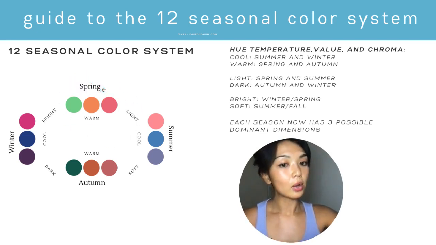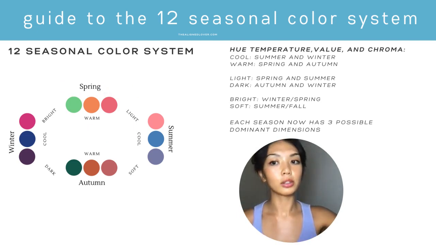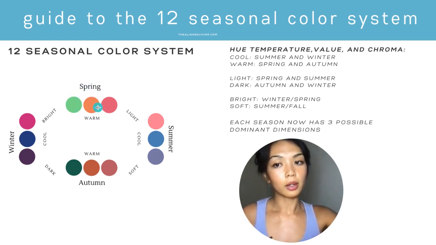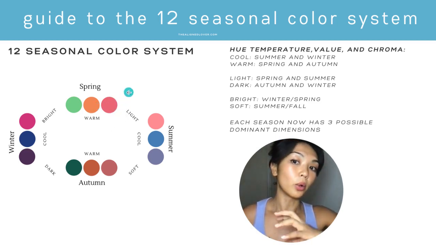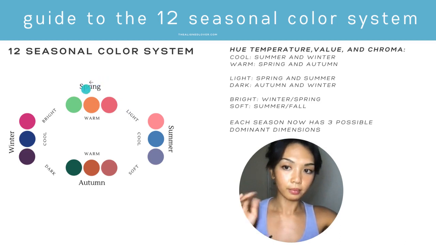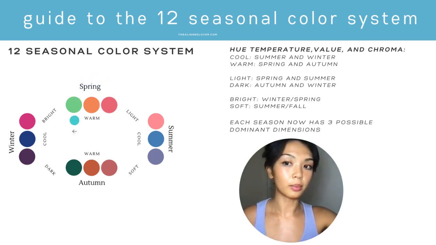So now we have the addition of brightness. So we have spring colors that can be bright, spring colors that are much more warm, and spring colors that are more light. So those 3 variations are bright spring, warm spring, and light spring.